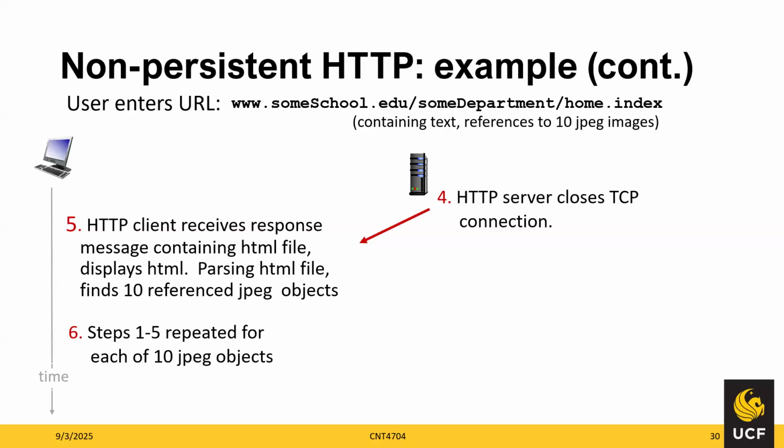And step 5, the client receives the response. Now the browser parses the HTML and sees that it contains references to multiple images, and the process gets repeated for each of the images. So open a connection, send a request, get a response, and close the connection again, one by one.